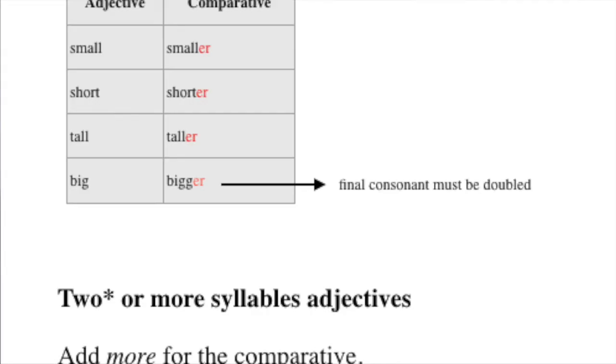Adjectives with one syllable. And if these adjectives end with a vowel and a consonant, you are going to double the last consonant. So for example, big becomes bigger. Okay? Then we have adjectives with two or more syllables.